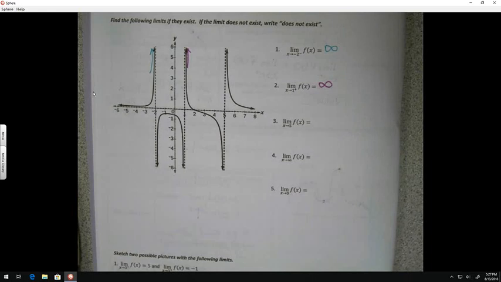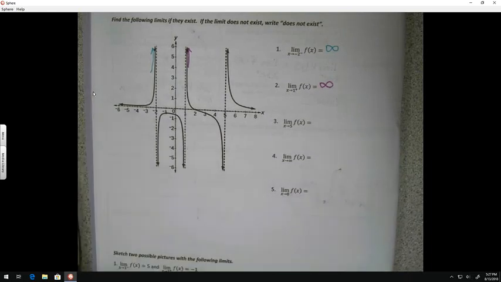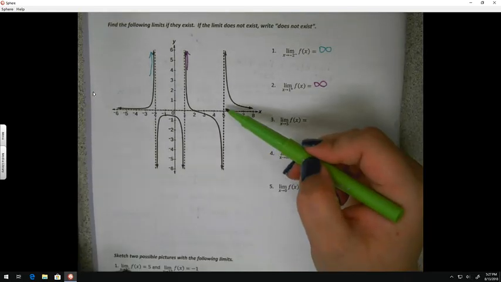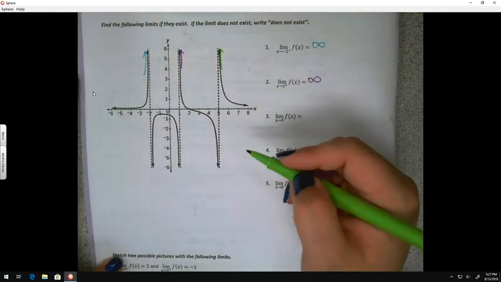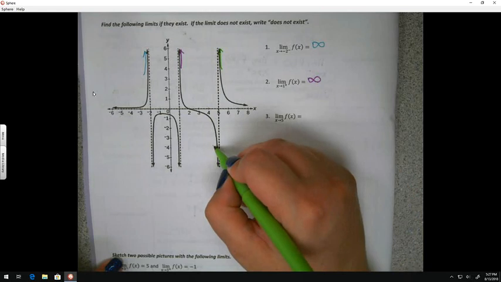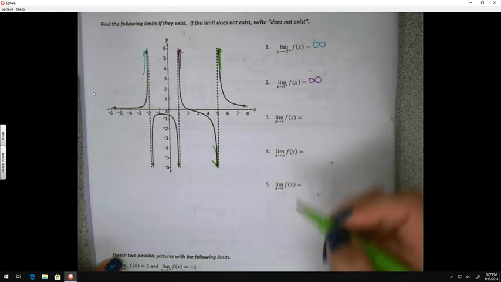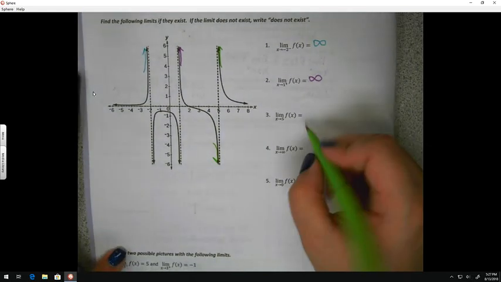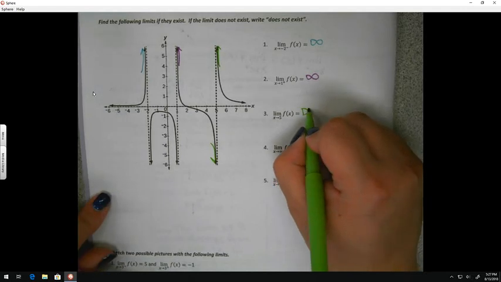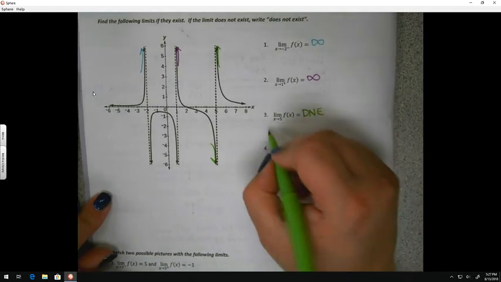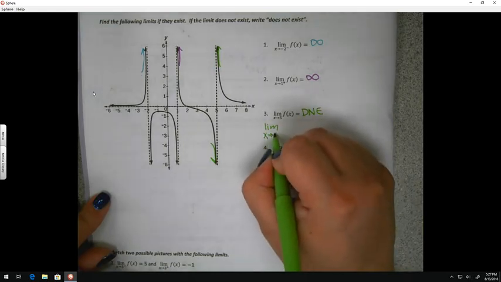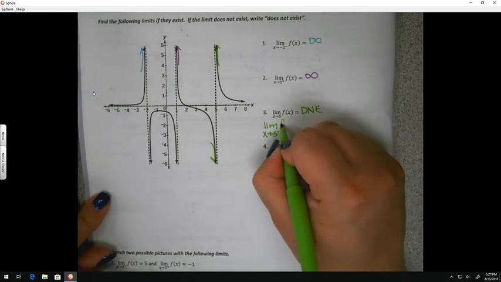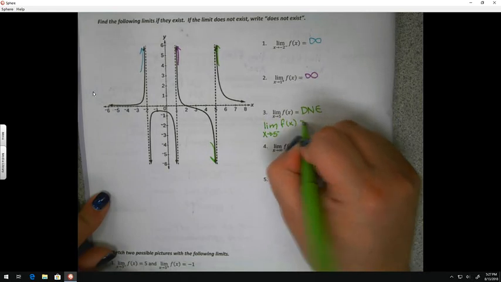The limit as x approaches 5, well, here's x equals 5, okay? And from the right side, it's going up to infinity. From the left side, it's going down to negative infinity. That means then that this one does not exist. Okay, and again, we need to write a because. So the limit as x approaches 5 from the left of f of x, well, we know that's negative infinity, right?